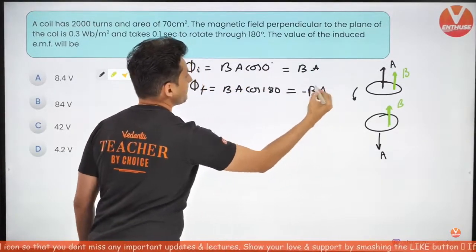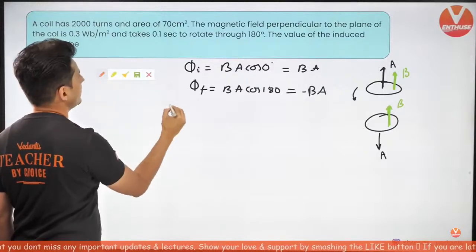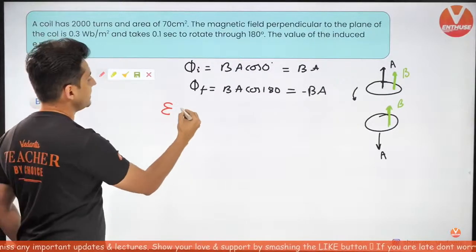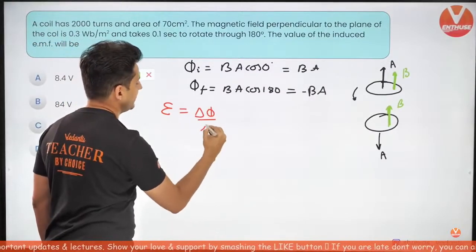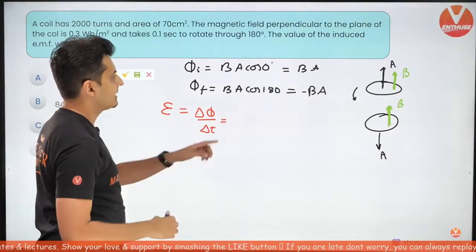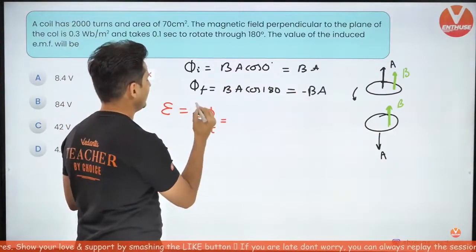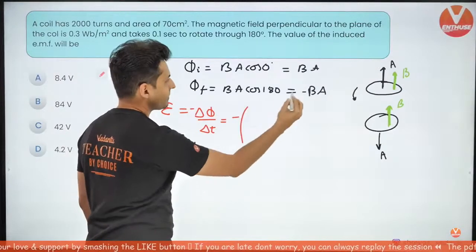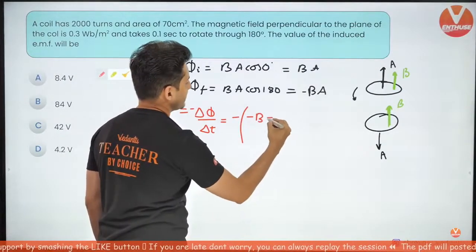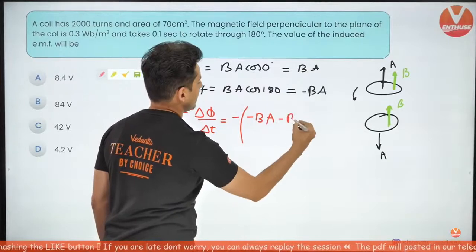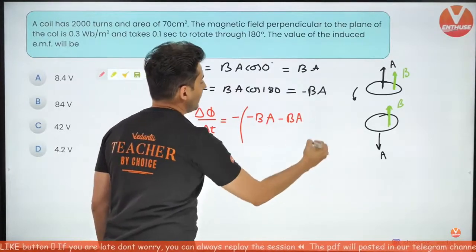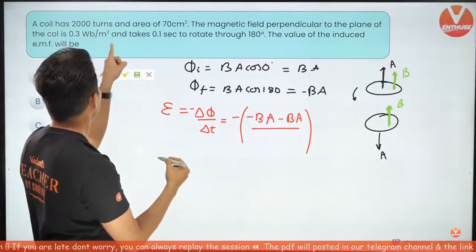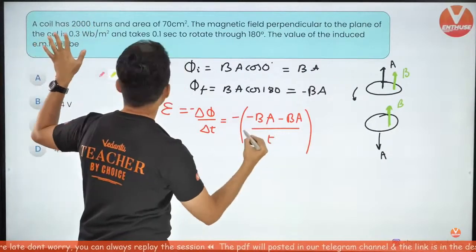So minus BA. So when I calculate the induced EMF, which is del phi by del t, I will just say final minus initial. By the way, there is a minus sign here. So minus final minus initial, which is again BA, divided by time. And there is one more catch.